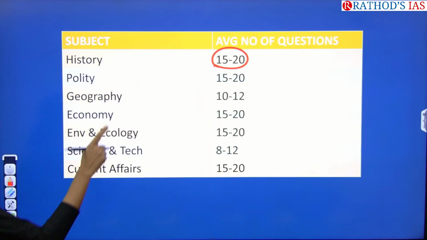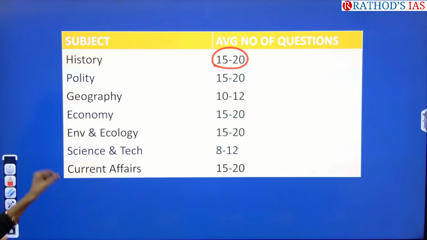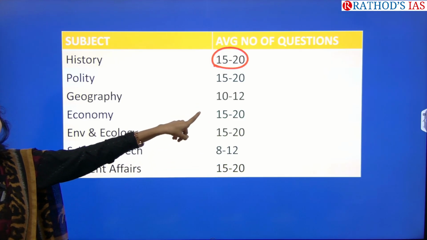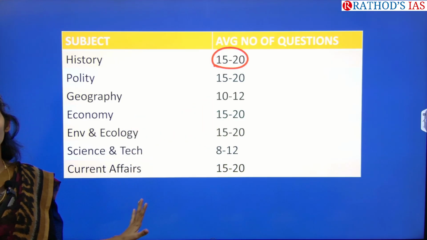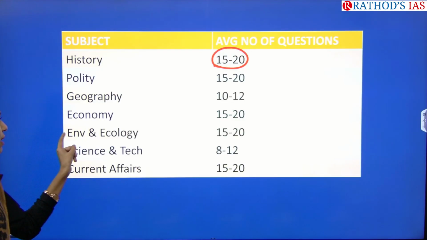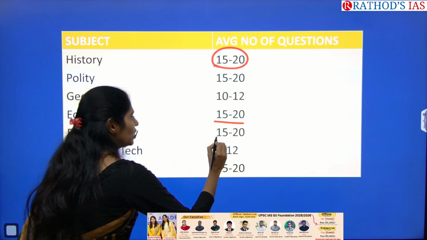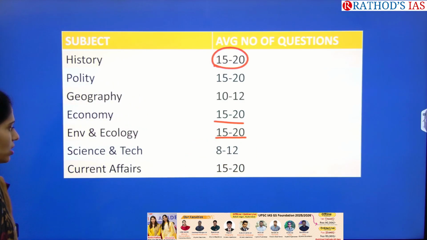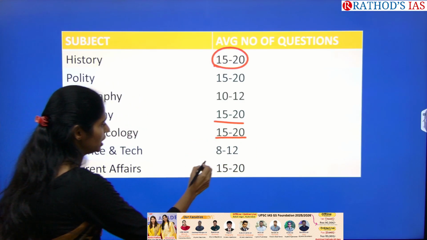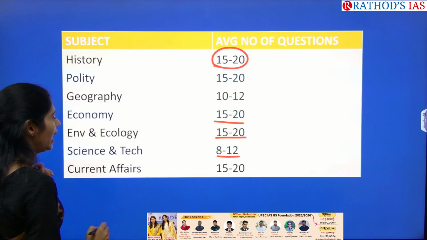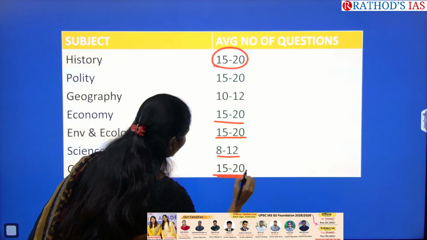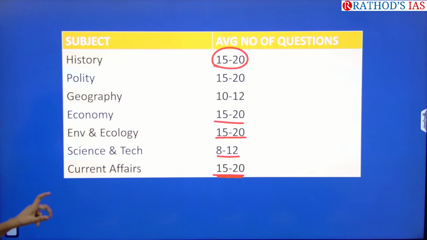From polity, again 15 to 20 questions. Geography, the number has decreased, to around 10 to 12 questions every year. From economy, 15 to 20 questions. Environment and ecology, 15 to 20 questions. Science and technology, 8 to 12 questions. And from current affairs, around 15 to 20 questions.